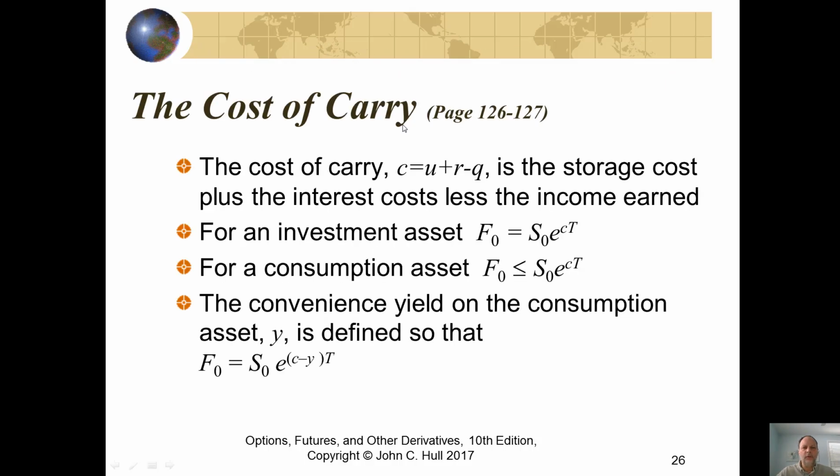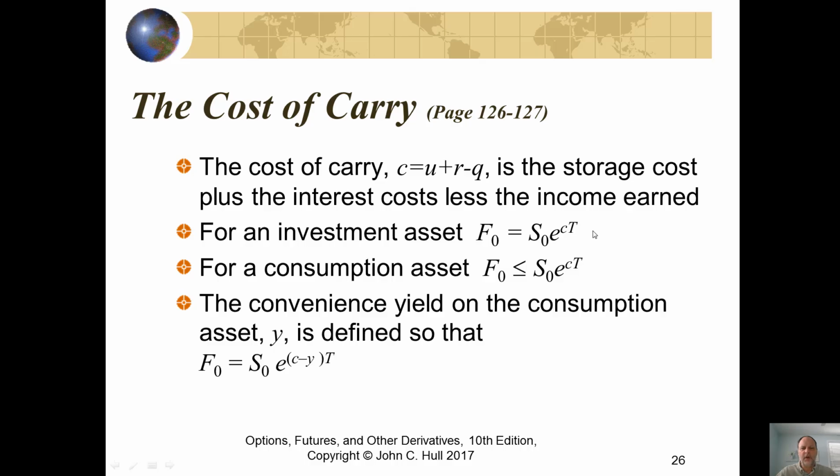We will now look at two more definitions, the cost of carry and the convenience yield. The cost of carry, C, is defined as U plus R minus Q, where U again is the storage costs, R is the interest costs, and Q is the income earned. For an investment asset, we have shown that F naught has to equal S naught e to the CT.